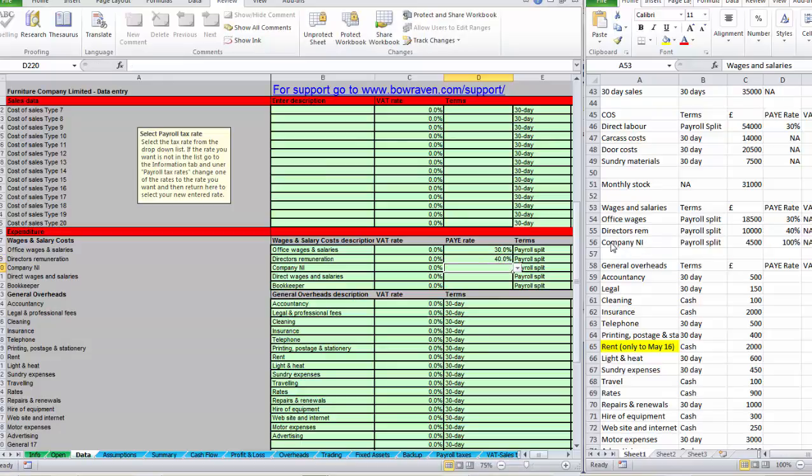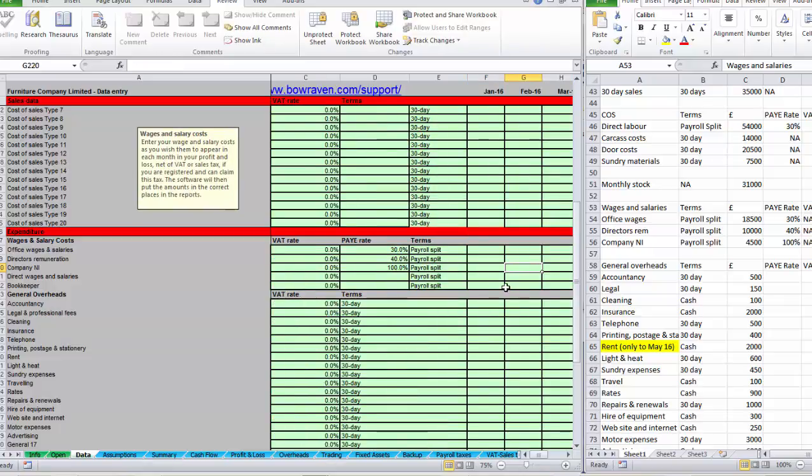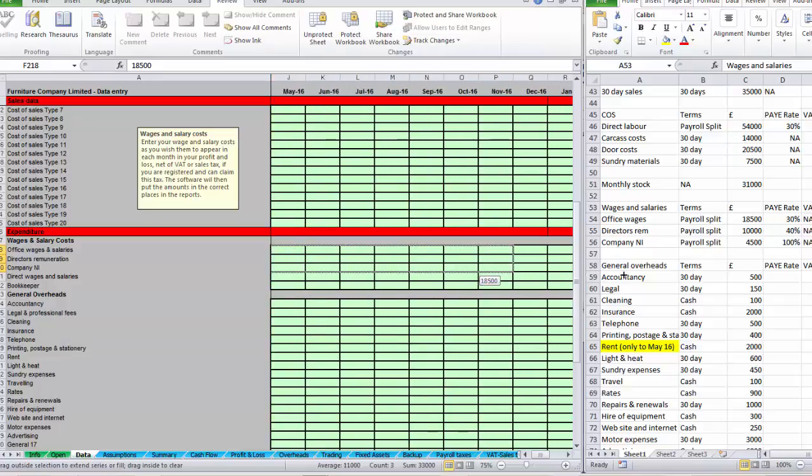In the UK, we have effectively a tax charge over and above the gross wages you pay to people, so 100% of that gets paid to the government. In this section, they're automatically set up as payroll split. Let's put those figures in. Office wages, £18,500. Director's remuneration, £10,000, and then the company NI, £4,500. I'll just copy those ones across. They're going to stay the same again.